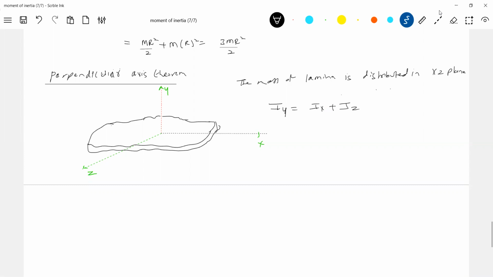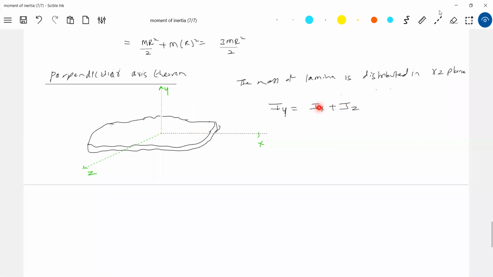How to make a definition? The moment of inertia of a laminar body about an axis lying perpendicular to plane of lamina is equal to sum of moment of inertia of the rigid body about an axis tangential to the lamina, or about an axis lying in a plane of lamina.